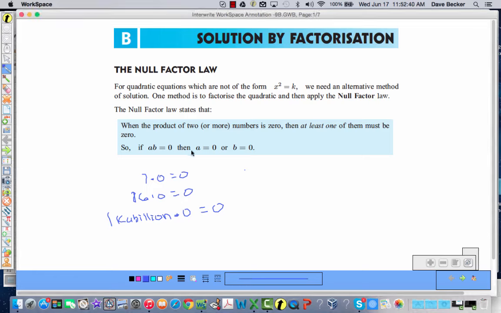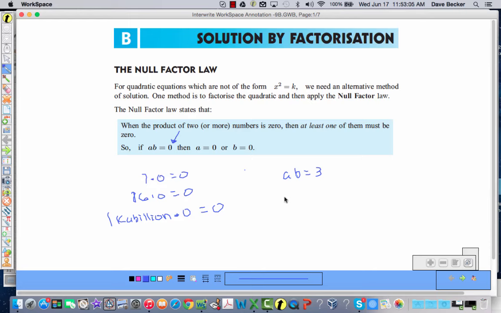So that's what we base the null factor law on. And it seems pretty simplistic, but this is key. Your equation must be equal to 0. It doesn't work with anything else, like a times b equal to 3. You just can't say either a equals 3 or b equals 3, because that would be very dependent on what b is.